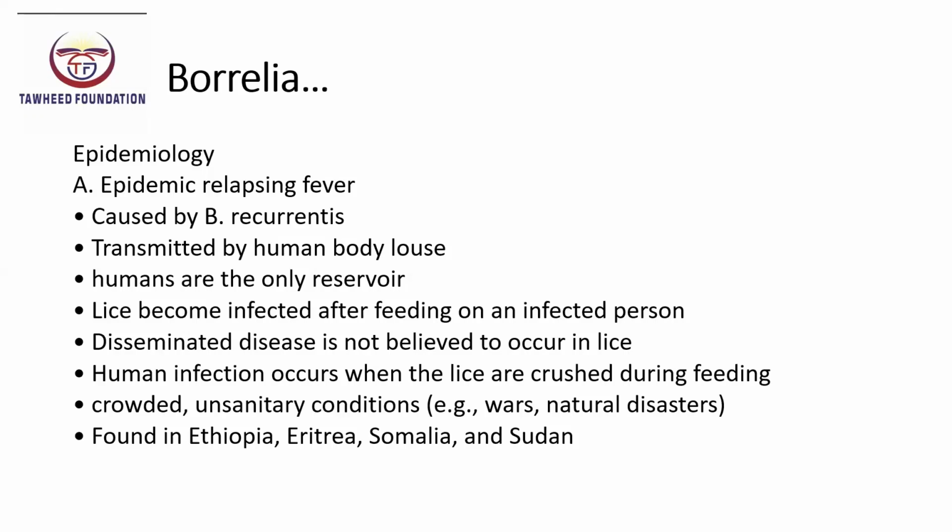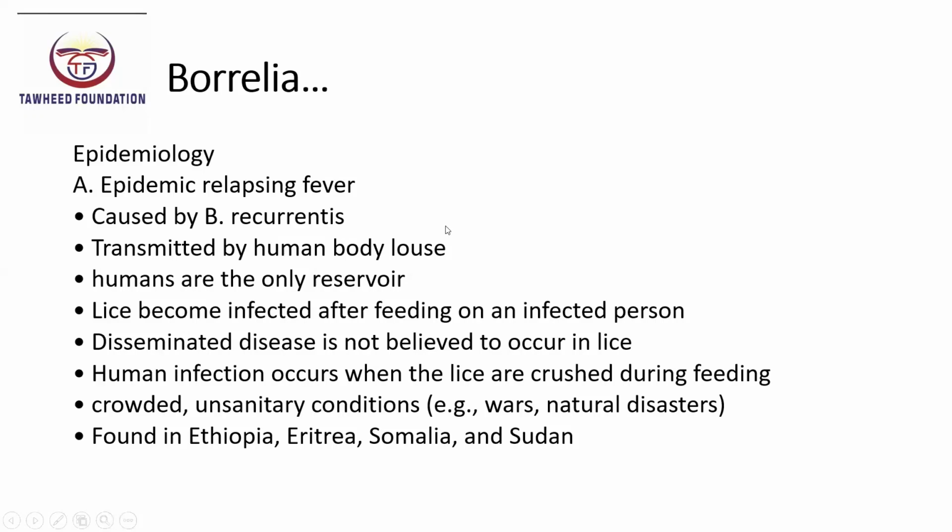So this disease is associated with poor hygiene conditions, overcrowding, and disasters such as wars or refugee crises. Geographically, epidemic relapsing fever is still found in parts of Africa, particularly in Ethiopia, Eritrea, Somalia, and Sudan.